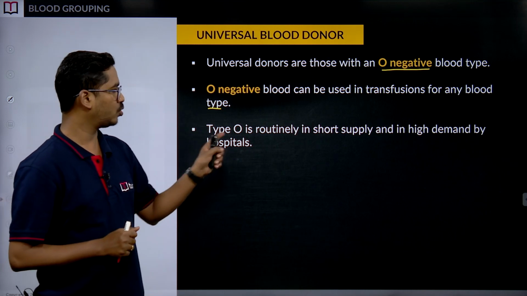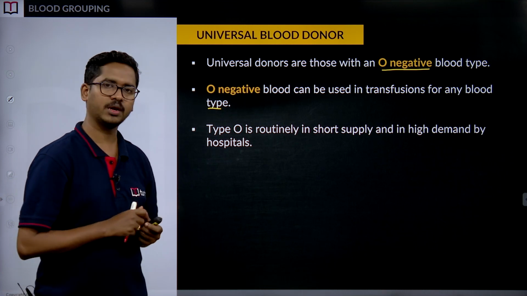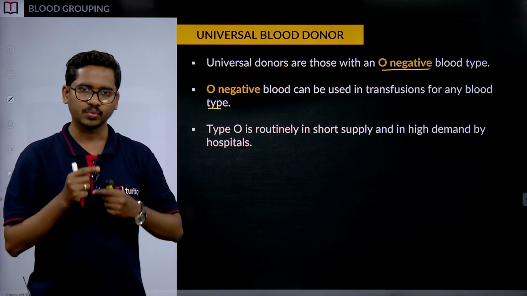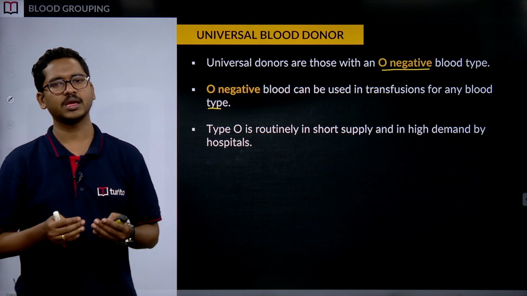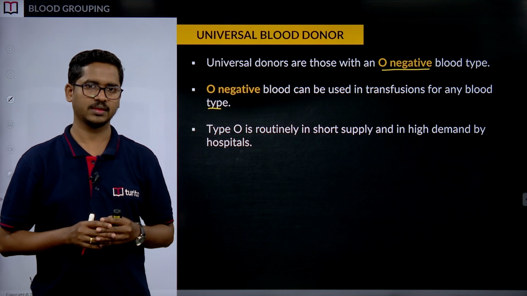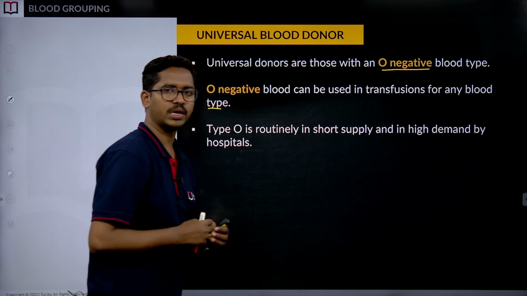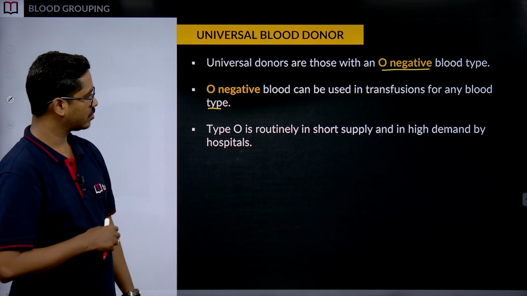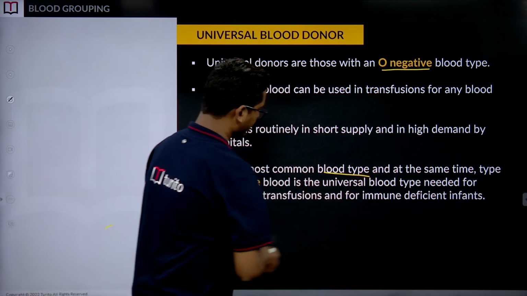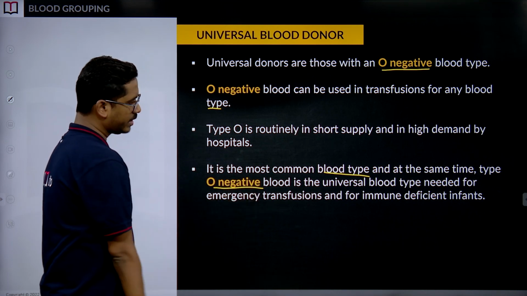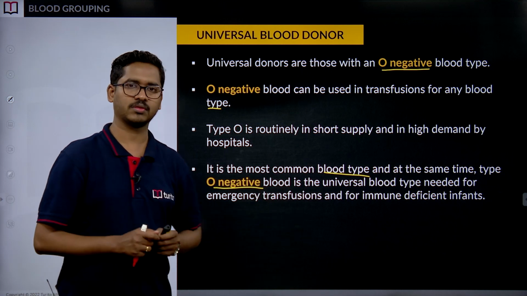Type O is usually in short supply and in high demand by hospitals, because it is one such blood group that can be taken by most of us, is it not? Everyone can take it, especially O negative. That is one reason why. It is the most common blood type, and at the same time O negative blood is the universal blood type needed for emergency transfusions.